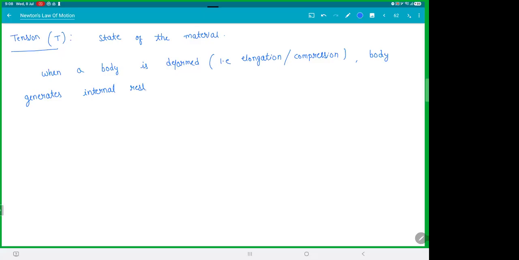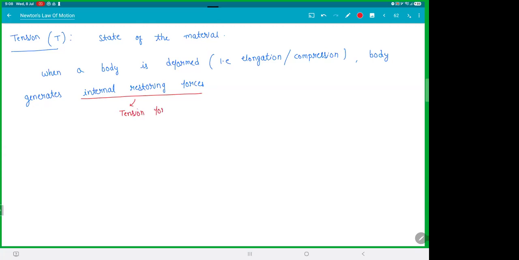Look at the word internal, meaning these forces are inside the body. Restoring, they're trying to bring you back to the normal state. So when you deform a body, the body is not happy with it. It's trying to push you back and come back to the normal state. These forces are what are called tension forces.